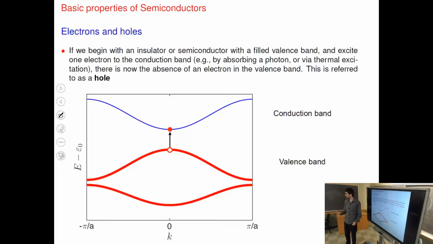What that means, by charge conservation, is that there is now one electron in the conduction band in this pure example, and then there is one electron missing in the valence band. There's a full band, but there's one electron missing. And so that absence of an electron is called a hole, and we're going to talk a bit about holes today.